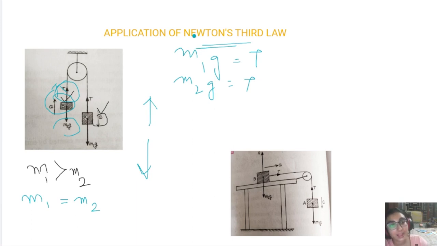Like extra acceleration is coming into place. Why? Because M1 is greater than M2. तो इसके लिए क्या हो रहा है? इसके लिए we use the concept of third law, but at the same time we modify it.